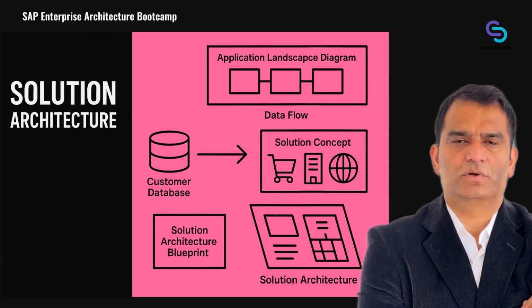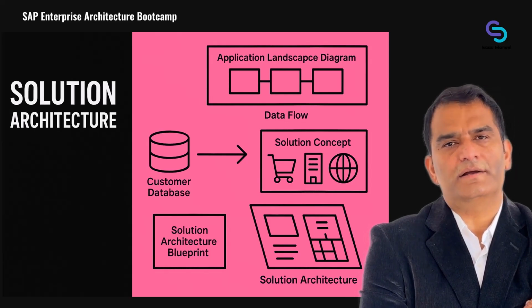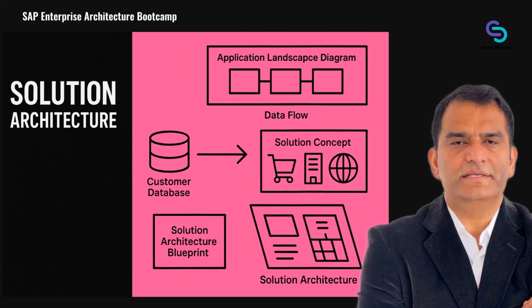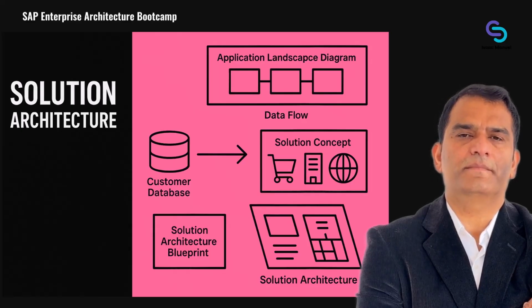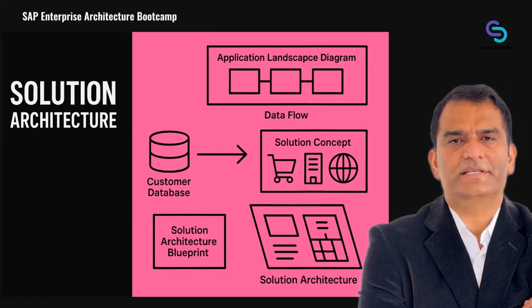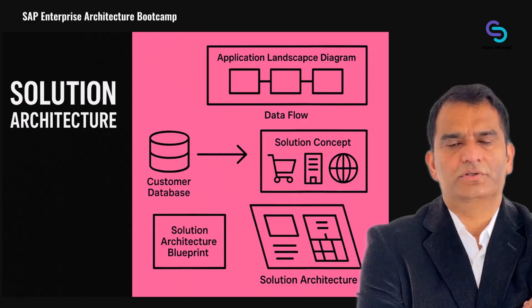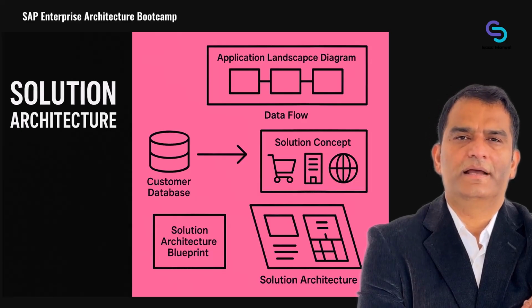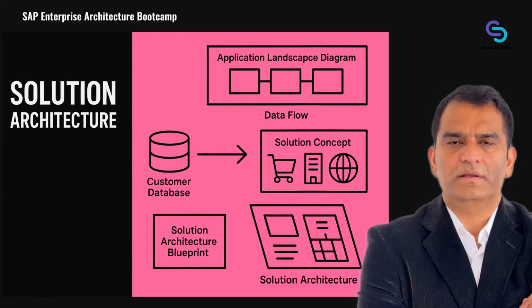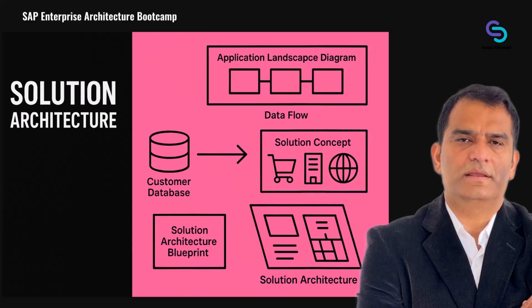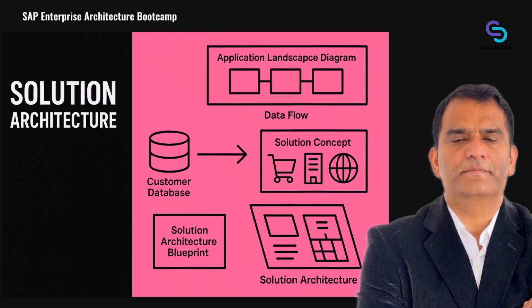databases, and so on. One artifact SAP highlights is the solution concept diagram, essentially a high-level design of how a particular solution will work within the enterprise context. For example, how an e-commerce platform integrates with SAP backend and payment gateways.